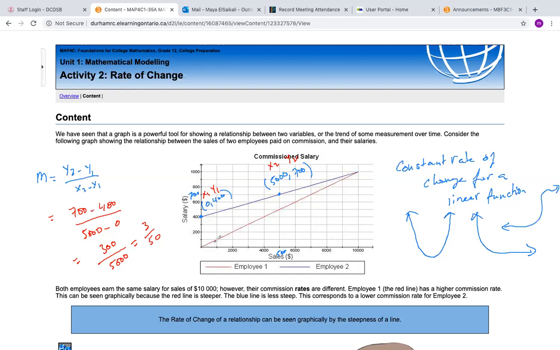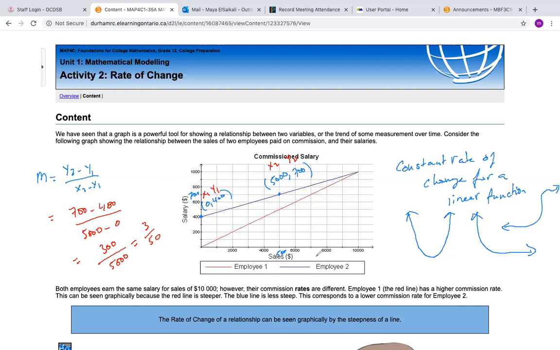The rate of change here is going to be salary versus the sales, the commission.